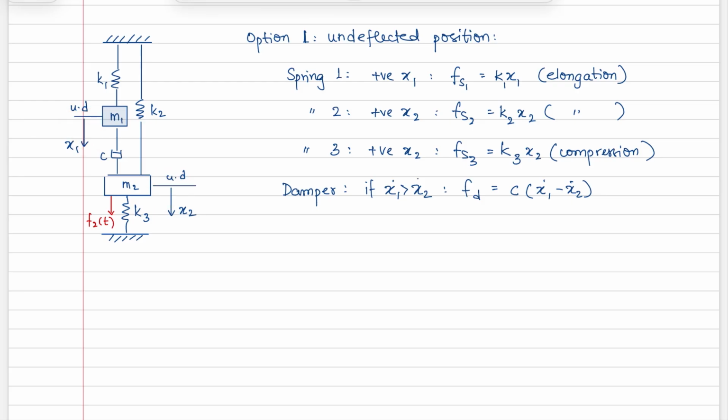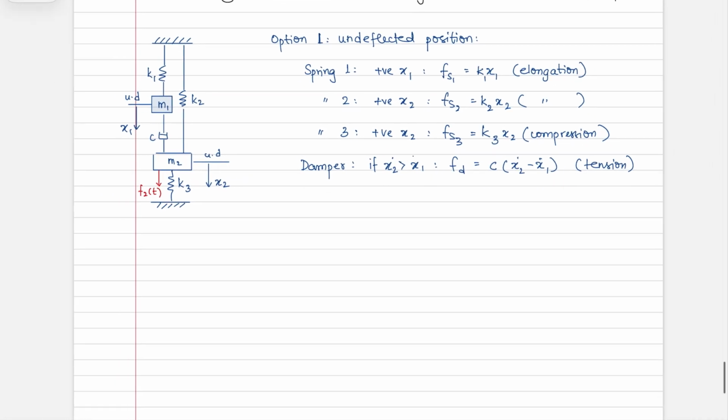So in this case, it would be in compression. If instead you chose x2 dot greater than x1 dot, then what would you have? This velocity is more than this velocity. And so this would be in tension. Okay, so you could choose either. As you can see, this tension or compression part accounts for whatever is your assumption.